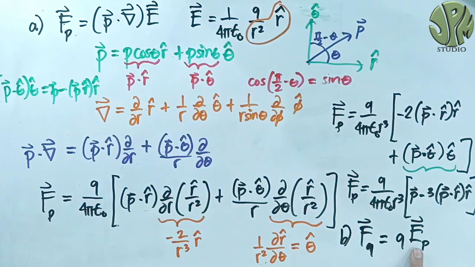You will expect the result to be the negative of the force on the dipole, which is just the reverse of the two terms inside the parenthesis here. So I will leave that example to you.